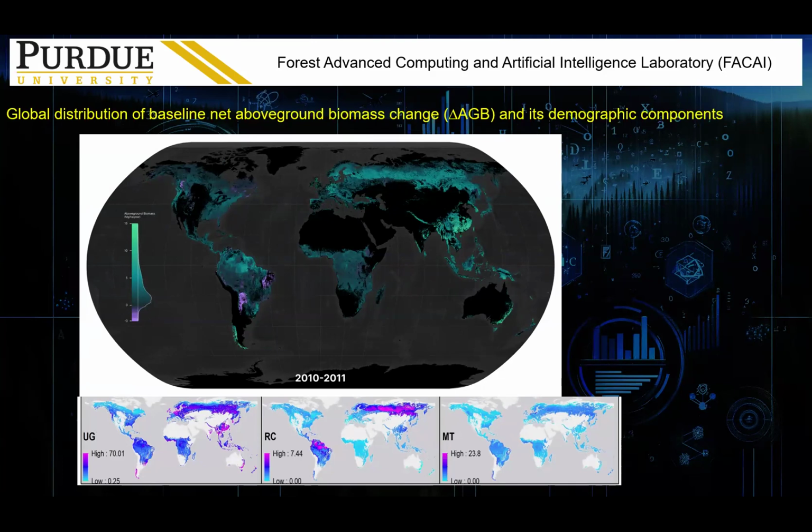As expected, for example, the subtropical forest in East Asia, especially China and part of India, has very high above ground biomass change rate, and a similar thing happened to the forest in Australia as well as New Zealand. And also in the tropical forest, Amazonia has very high above ground biomass change rates.